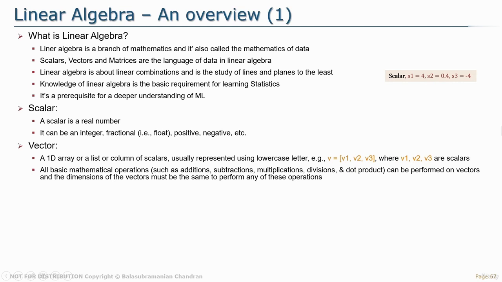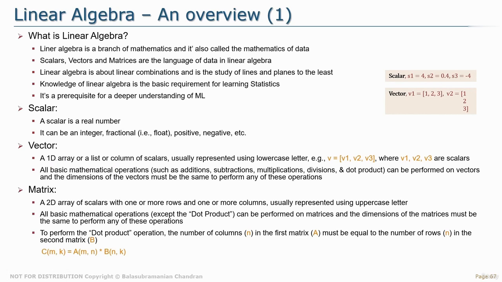All basic mathematical operations such as additions, subtractions, multiplications, divisions, and dot product can be performed on vectors, and the dimensions of the vectors must be the same to perform any of these operations. Here are some examples. A vector can have either one row or one column of elements because it's a one-dimensional array.